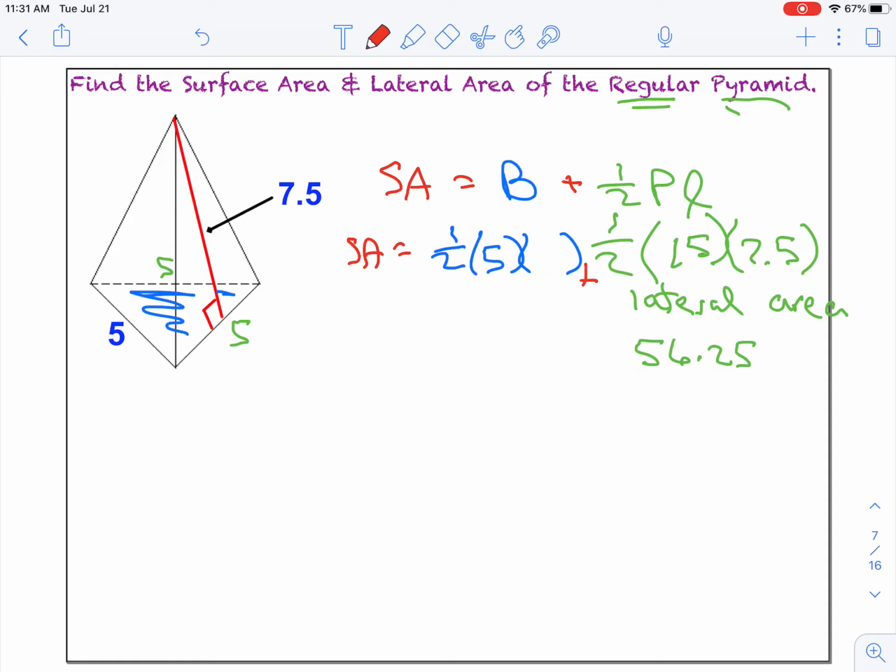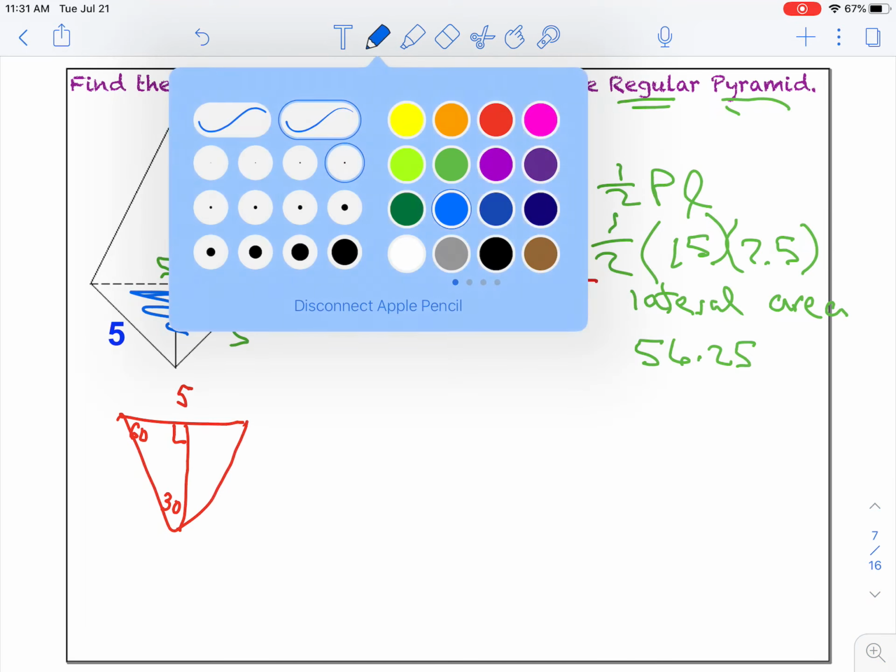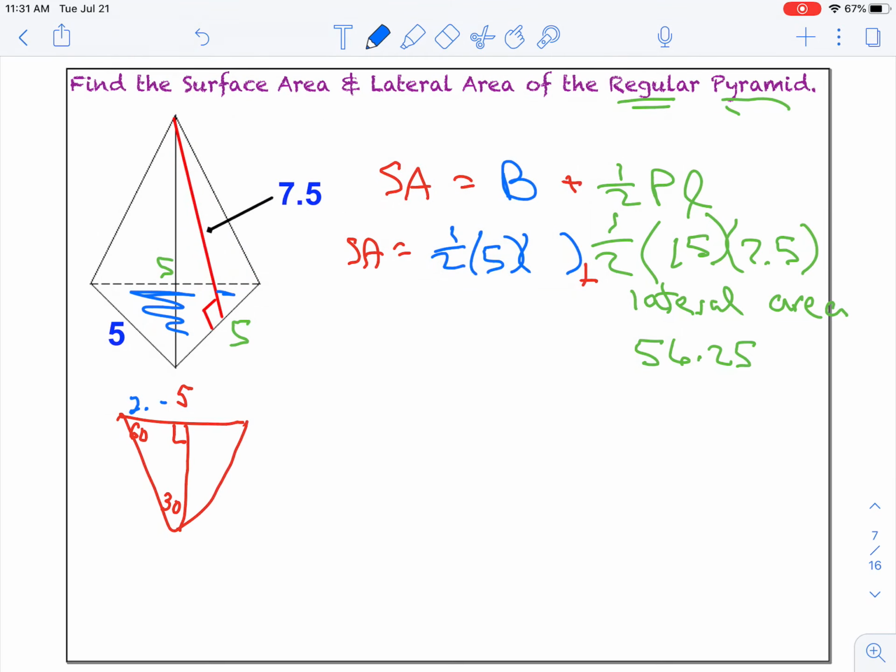So what I am trying to do, if I redraw this triangle right here down below, I know this is 5. I am trying to find this. It's equilateral, so again we have our 60-degree angles, and then this cut 1/2 is 30. The whole length is 5, so that makes this 2.5, just that piece.